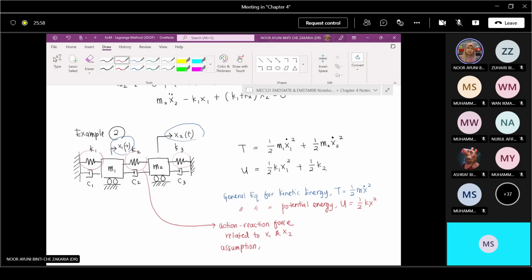On Tuesday we already looked at how to make a correct assumption when you have multi-degree of freedom. So you have to check.